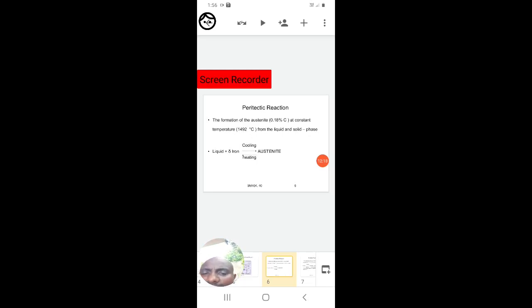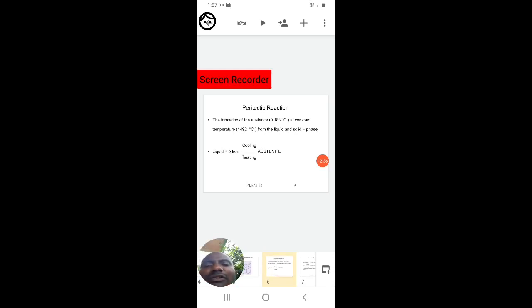The peritectic reaction occurs at the top, where iron has polymorphism or allotropic forms, that is delta iron, gamma iron and alpha iron.